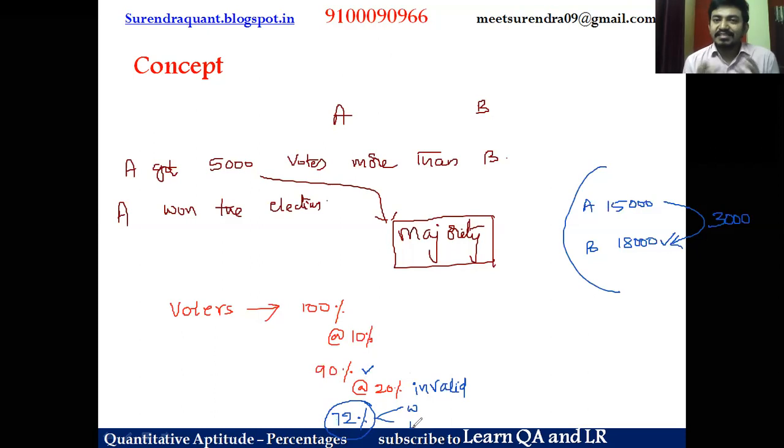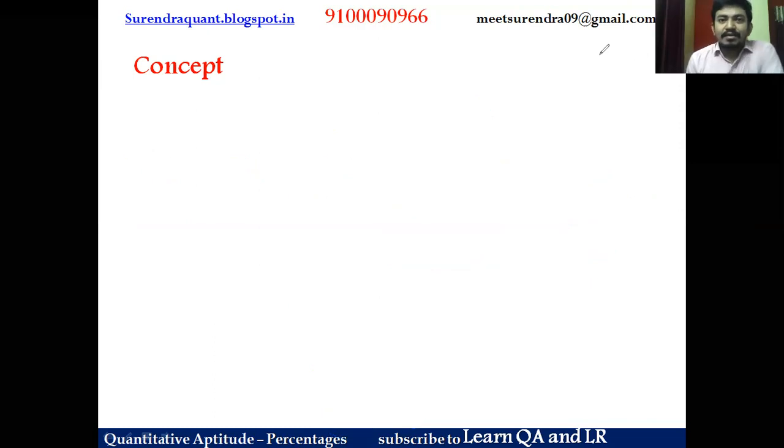So let me discuss this in detail by taking one or two numericals, then I'll go for solving questions. Let us take the total votes in the constituency as 100%. Now let's say some random number, 10% of the voters did not cast their votes.